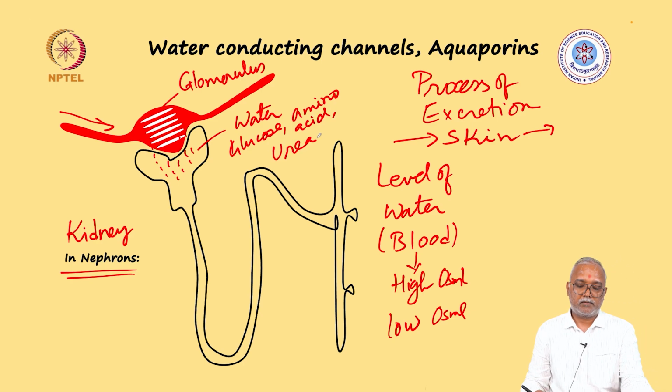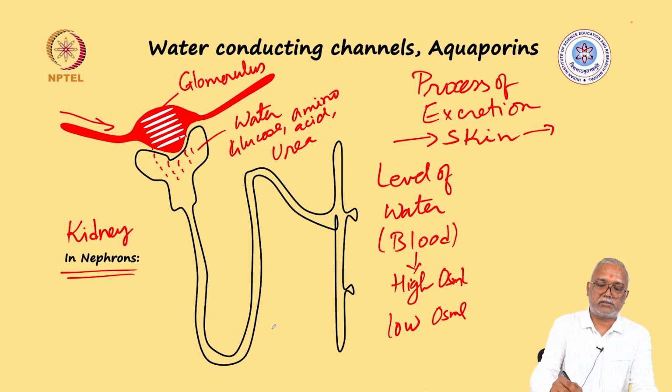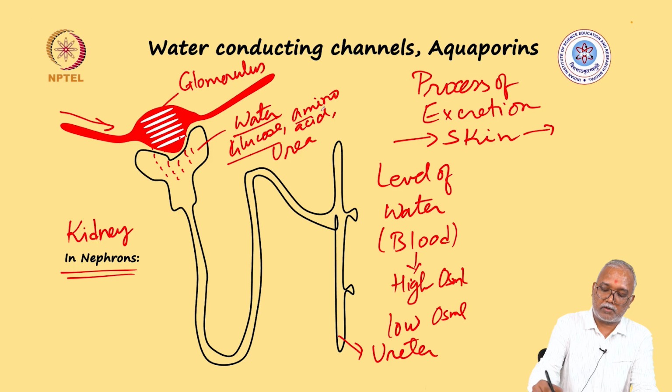Now the job is to take the waste product into the ureter, but most of these molecules which have gone out, a large amount of water, glucose and amino acids, will be absorbed back.